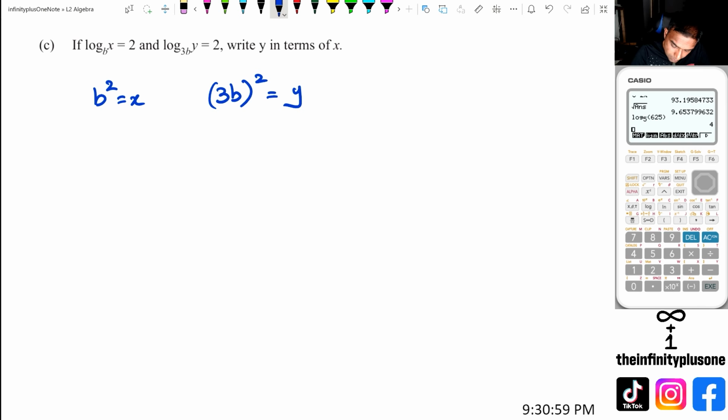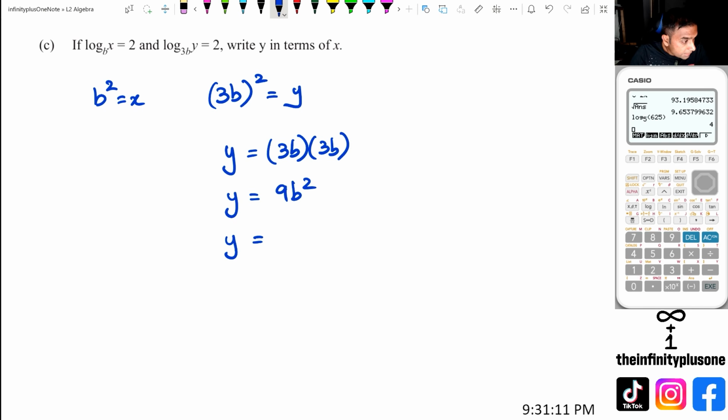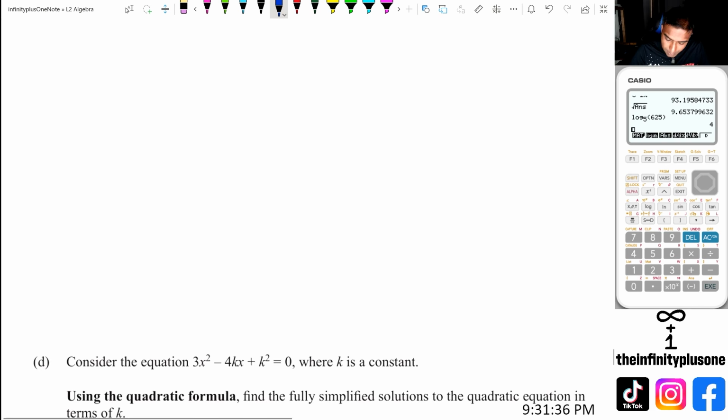So because it's 3b times 3b, I'm going to get y is equal to 9b squared, and then y is equal to 9x. Yeah, it's probably one of the easiest merit questions I've seen in a very long time. So rewrite at least one of the log terms in exponential form as an achieved. So either doing this or this is going to get you an achieved, and then at the end you're going to get a merit for this part of this question. I don't think I've ever actually gone through an algebra paper this quickly before.